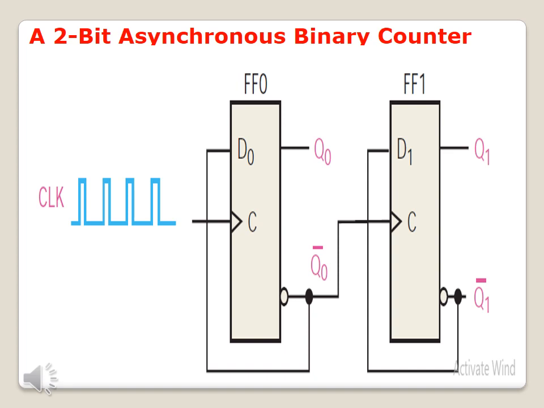Both flip-flops are triggered on a negative signal. T0 is permanently connected to logic 1, that is no issue, so both operate continuously in toggle mode. This input will not change.